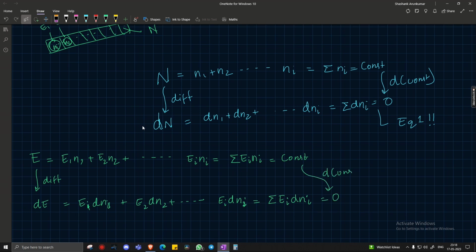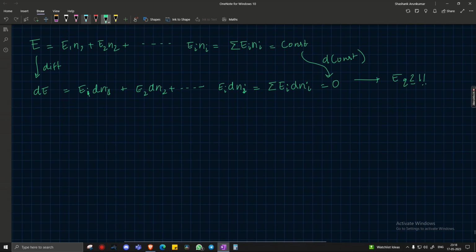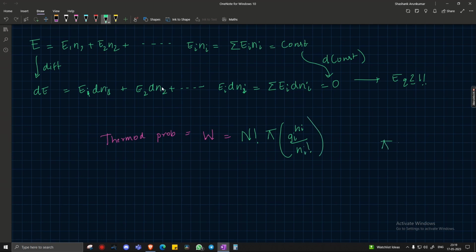So we now have the basics to derive the expression. Now let's move on to something called thermodynamic probability, or the number of ways of arranging the particles in the system. According to classical Maxwell Boltzmann physics, W will be equal to capital N factorial, that is the total number of particles in the system, times the pi function of Gi to the power Ni by Ni factorial.